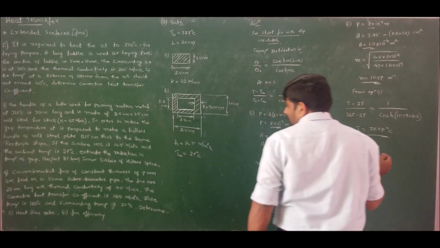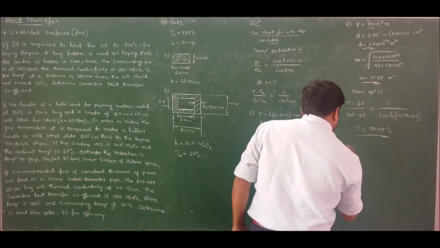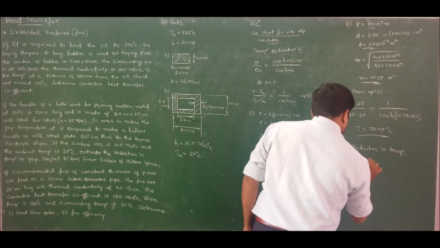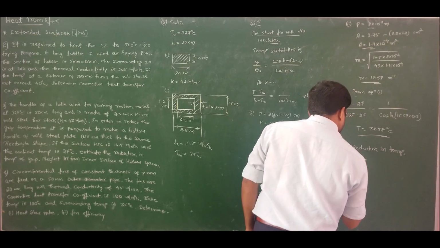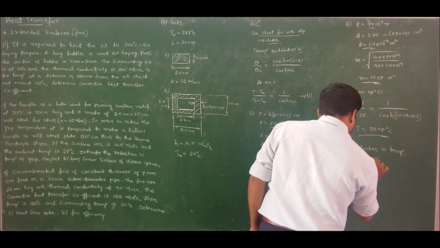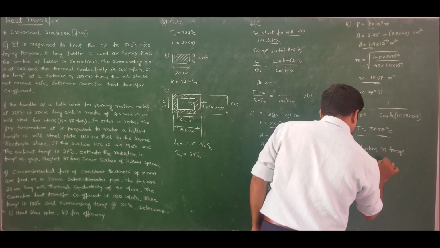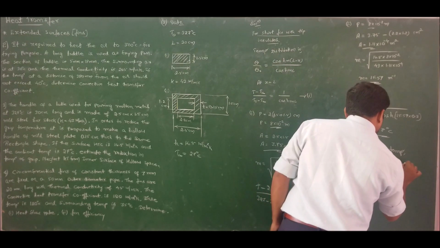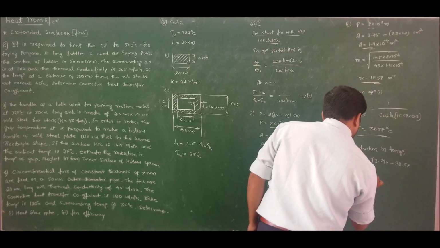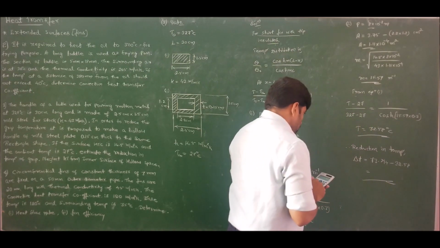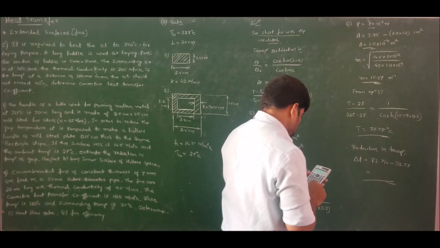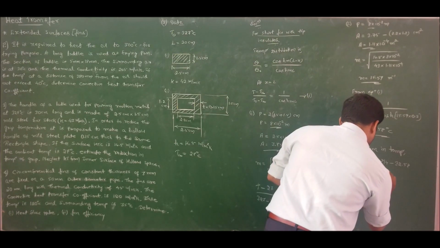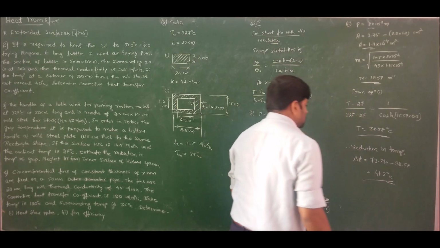So therefore, the reduction in temperature delta T is 73.814 minus 32.58, which is nothing but 41.3 degrees Celsius.